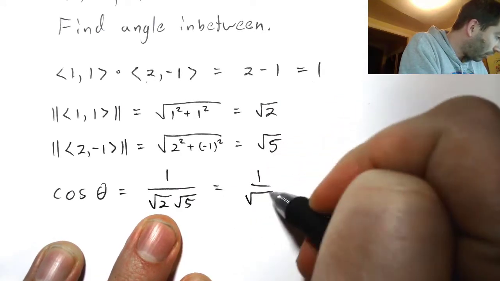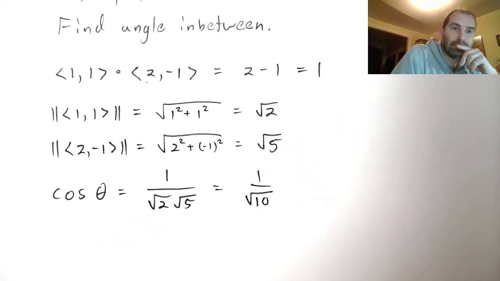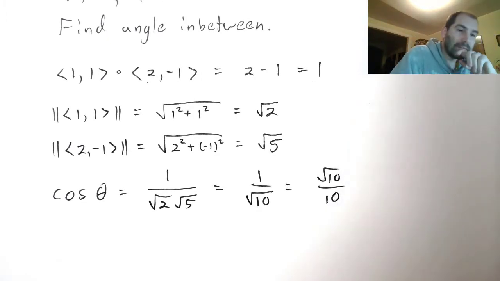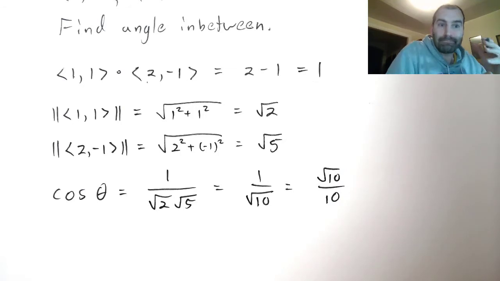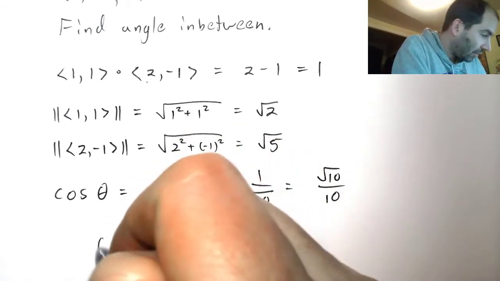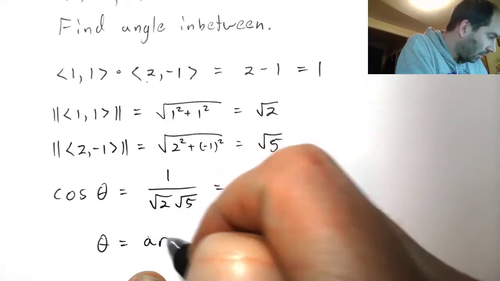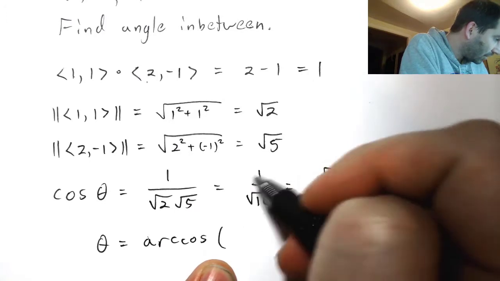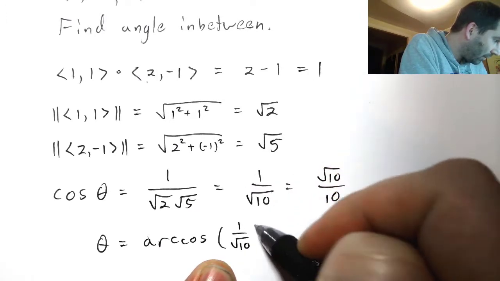It's 1 over the square root of 10. Or if you want to rationalize the denominator, root 10 over 10. Okay. Now it's easy to find theta. I just use the inverse cosine, or arc cosine. It's the arc cosine of, I'll just leave it like this, 1 over root 10.